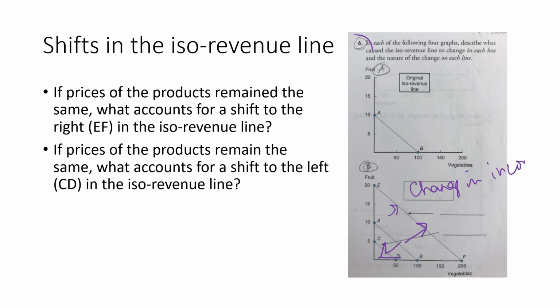Okay, for consumers, you could put change in income, or you could put consumers purchase more. They purchase double. Okay, and then, or consumers purchase less. So in this case, they're purchasing half the amount. So half, double, and again, that's due to consumers purchasing twice as much or half as much, or their income increasing twice as much or decreasing by half.